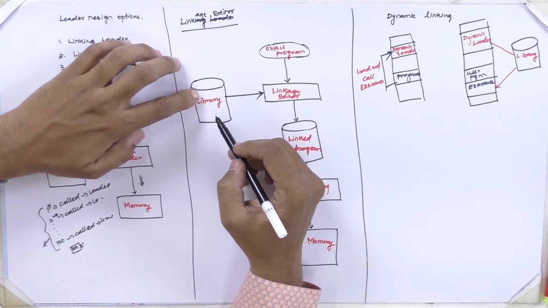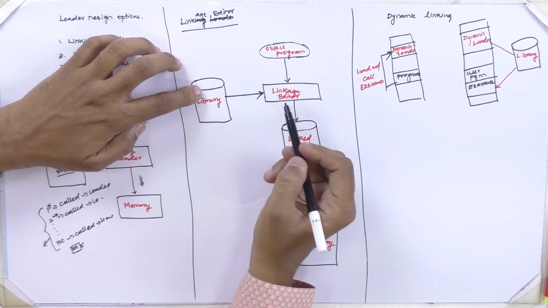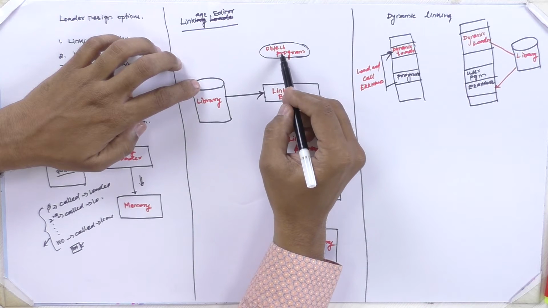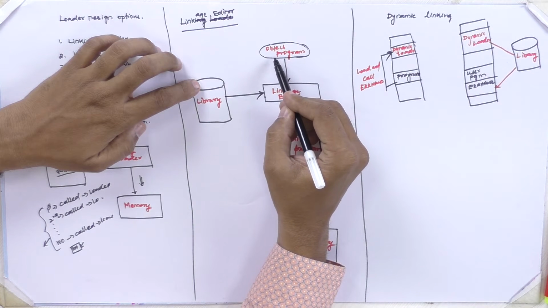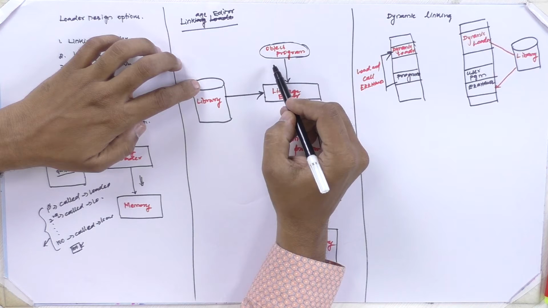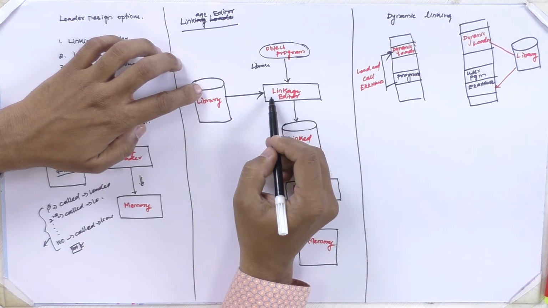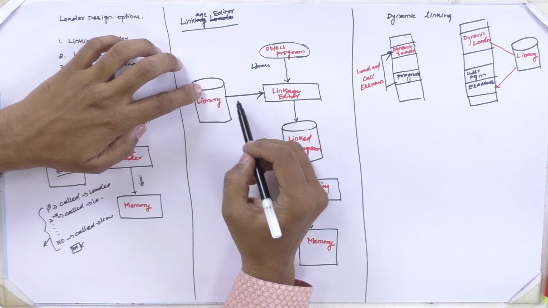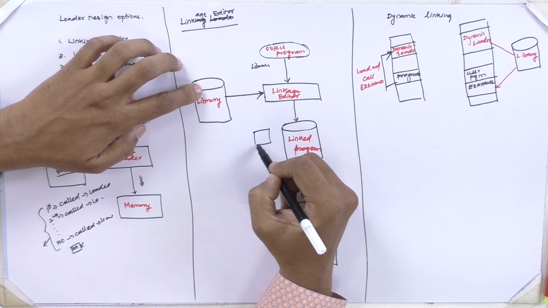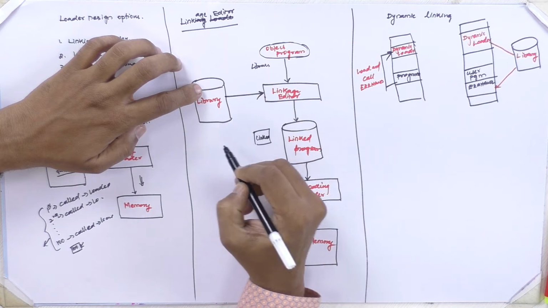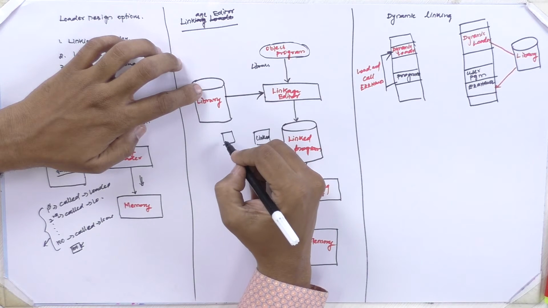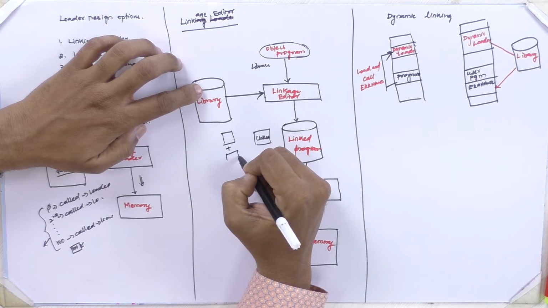This is linking loader. Second one is linkage editor. If you have an object program, this object program will call for a library function. The linkage editor will call the library, and first it will create a linked version of the program. That means you have the object program plus the library file.